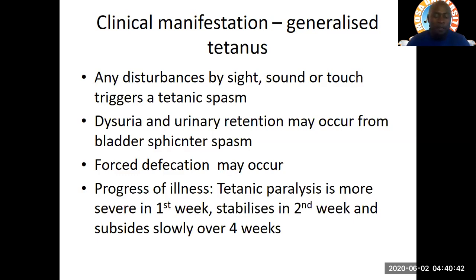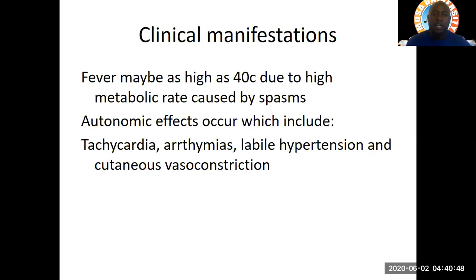By the fourth week, we know that slowly all the paralysis or spasms in this neonate have subsided, or have slowly started deteriorating. If we check temperature, you find that mostly the temperature of these neonates is as high as 40 degrees Celsius, and this is due to metabolic reactions occurring as a result of the spasms.